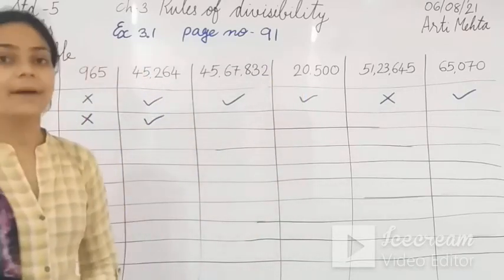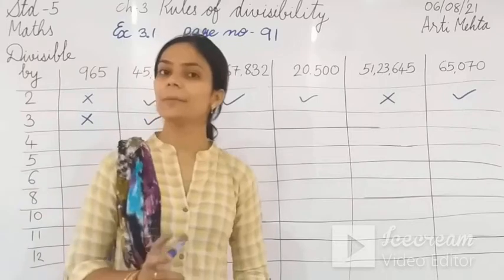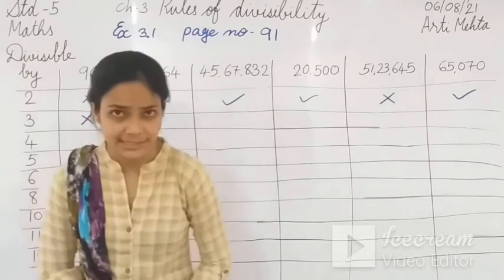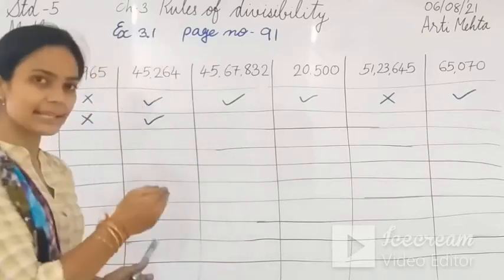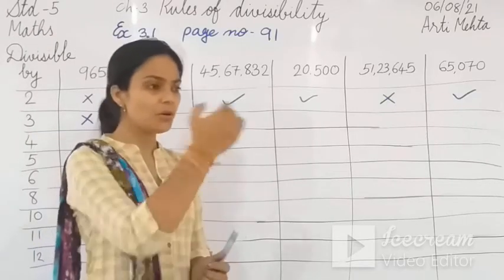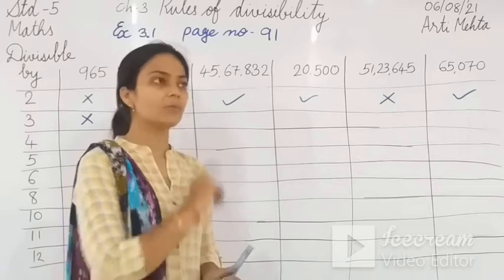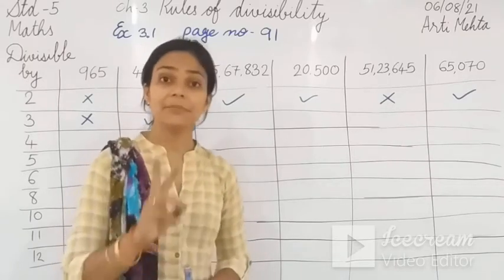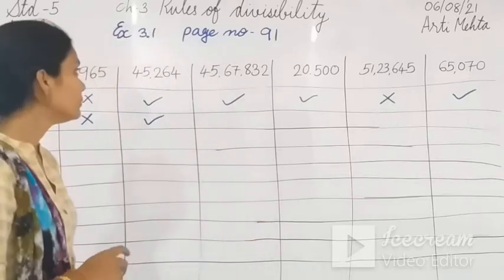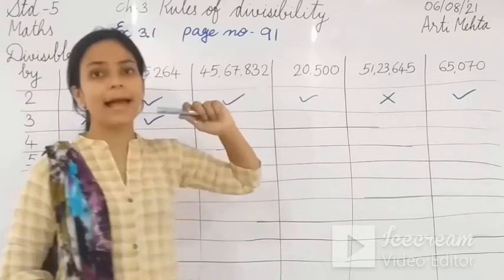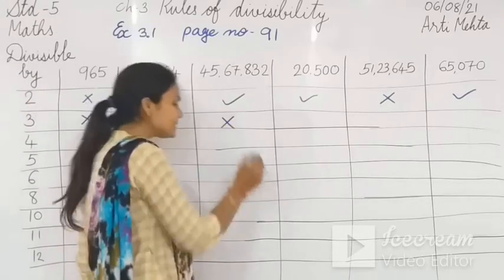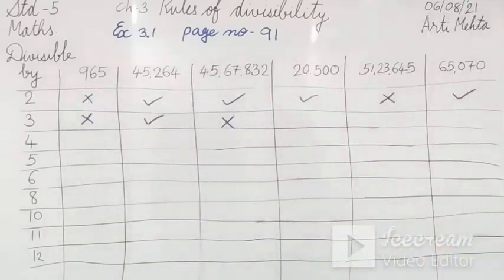Okay, 35 we cannot divide by 3. Okay, अगर हम 35 को 3 के साथ डिवाइड करते हैं, 3 1s are 3, 3 minus 3 0, 5 bring it down. Now 3 1s are 3, 5 minus 3 2, remainder will be 2. So we cannot divide 35 by 3. Okay, so this number is not divisible by 3.